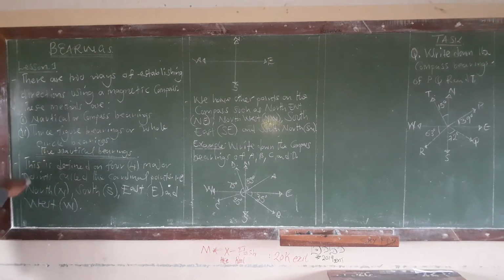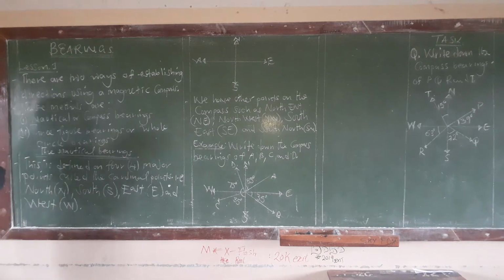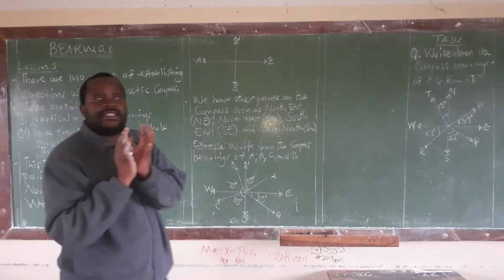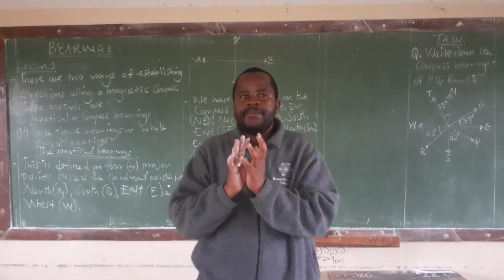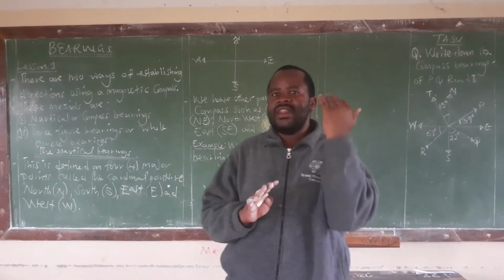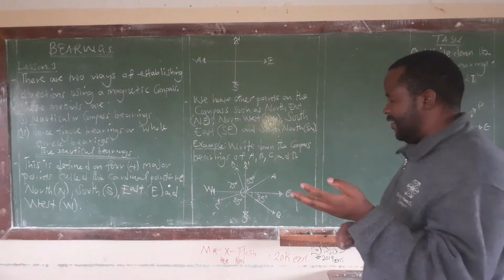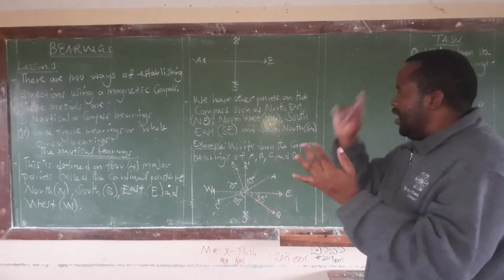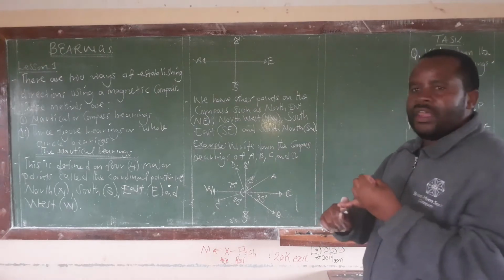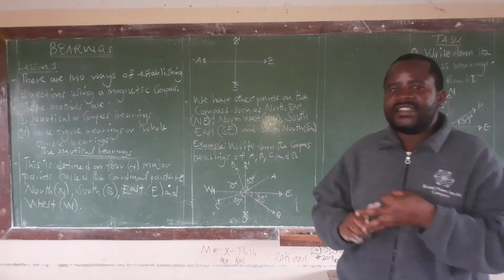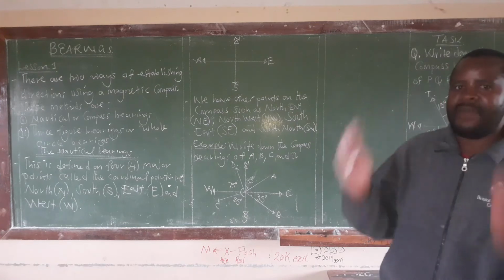So what we are saying is that the nautical bearings are defined by 4 points. What are these 4 points? The common points: the north, south, east, and the west on the compass.